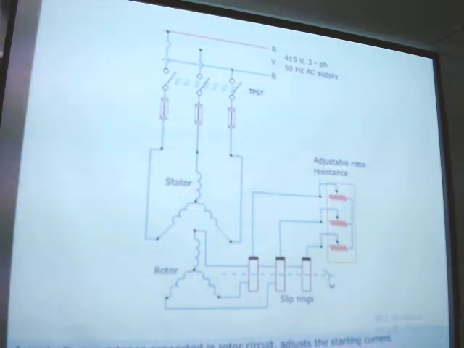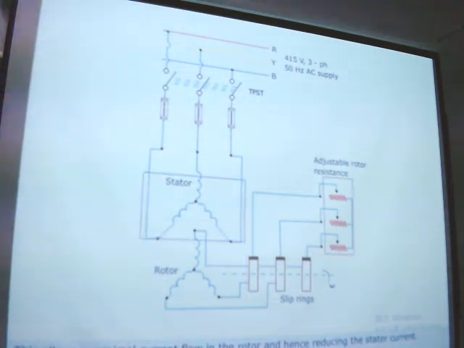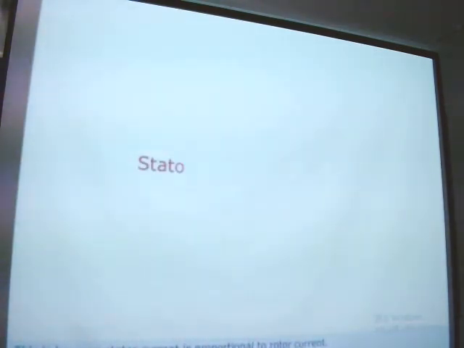A controlling resistance connected in rotor circuit adjusts the starting current. The rotor resistance is kept at maximum position while starting the motor. This allows a minimal current flow in the rotor and hence reducing the stator current. This is because stator current is proportional to rotor current.